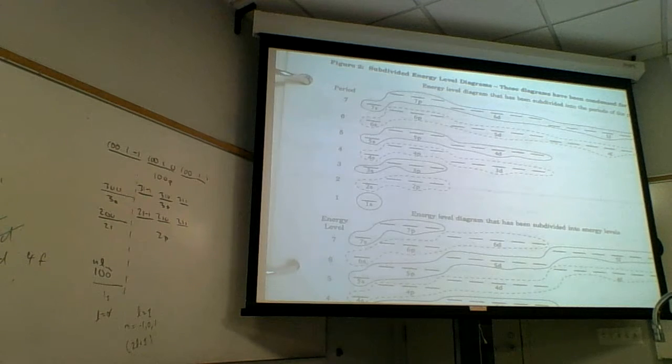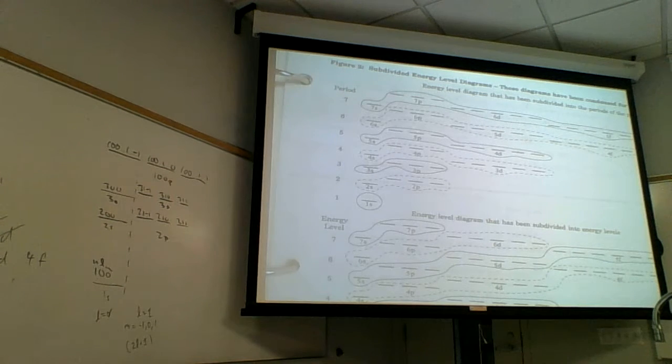In the third shell, the 3D gets promoted out of the shell. And so there are only two subshells in the third shell, the S subshell and the P subshell. The D subshell gets promoted to the next shell.